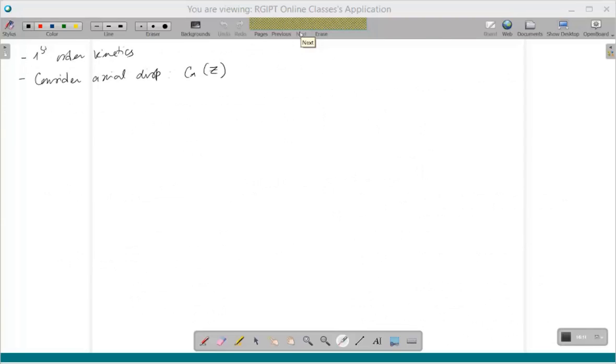Then what else? Some of the constants we can denote. DAZ would be the dispersion coefficient, like a diffusion coefficient. But you have to remember that there's a difference between diffusion and dispersion. When you talk about dispersion, you're actually thinking of mixing due to eddy formation and flow conditions.